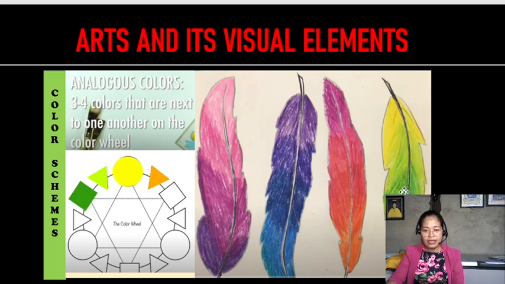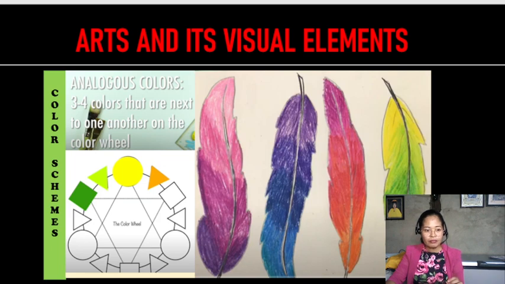It uses analogous color. 3 to 4 colors that are next to one another on the color wheel. Ito po yung analogous. Okay, like this one, yellow to yellow green to green and then dark green. So magkatabi na kulay, 3 to 4 colors na ginagamit sa painting, that is analogous color scheme.